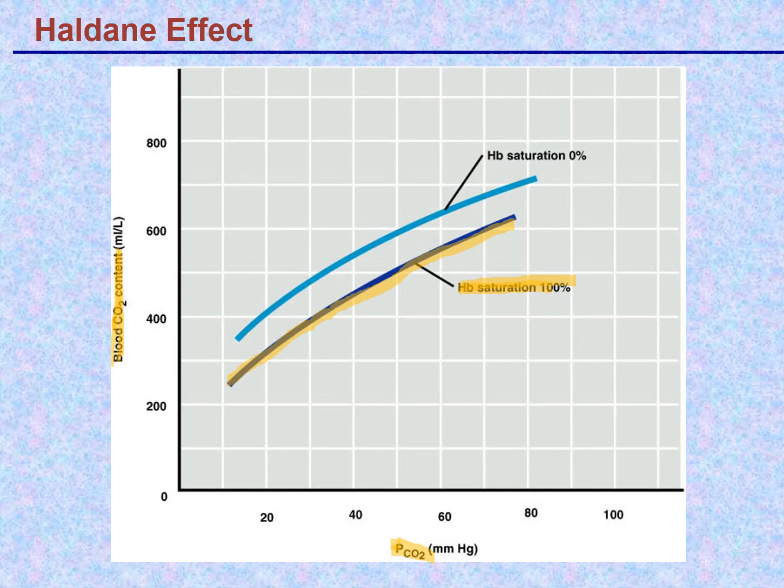Okay, so as you're going in this direction, PCO2 is rising. There's more CO2 in the blood. That rises. However, if there is less oxygen surrounding and attached to the hemoglobin, zero saturation, saturation is referring to oxygen, then even more CO2 can bind to the hemoglobin in the blood.